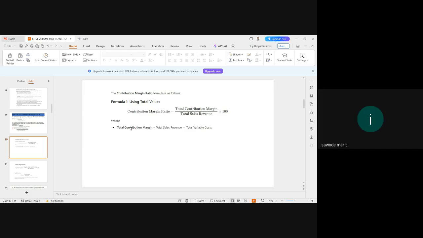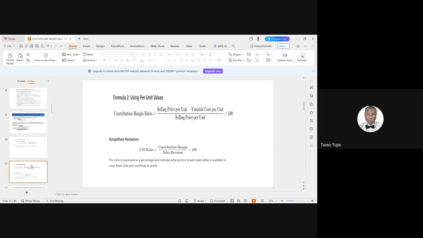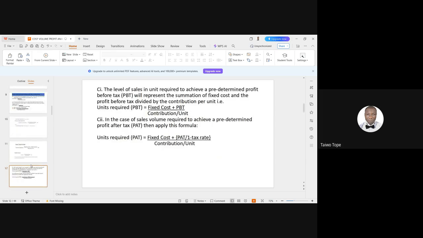Also, in break-even point, you can be asked to determine target profit. Let's see, we have that here.